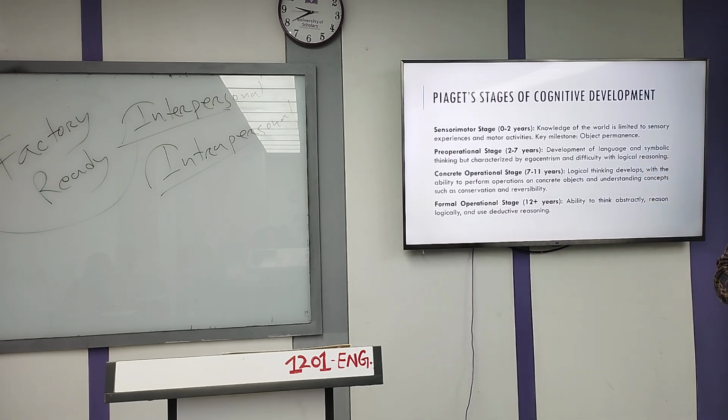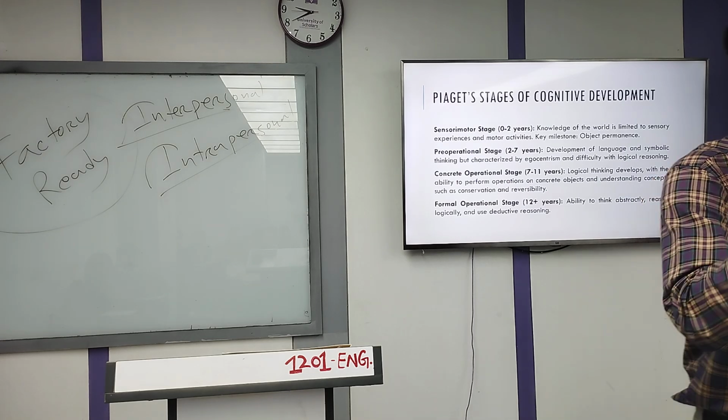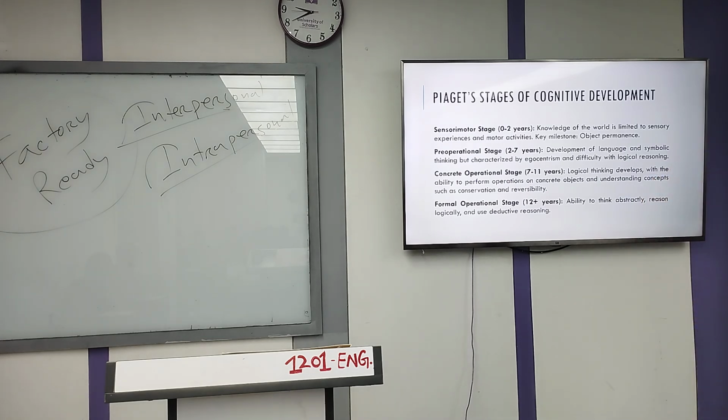So basically, egocentrism means they are only thinking about themselves, isn't it? Basically, children are thinking only about themselves. They do not care what is otherwise going on, what the father is doing, the mother is doing, or anyone. They just think about themselves, so egocentric, and then there's no logical reasoning.